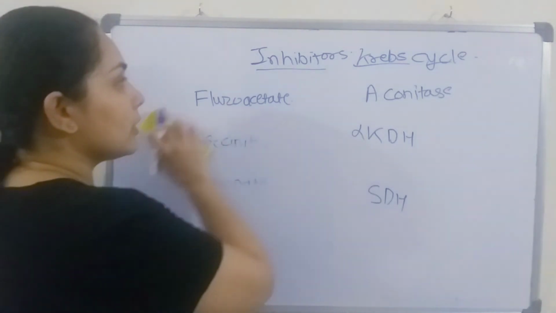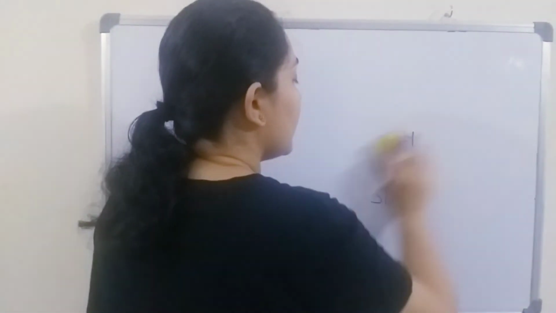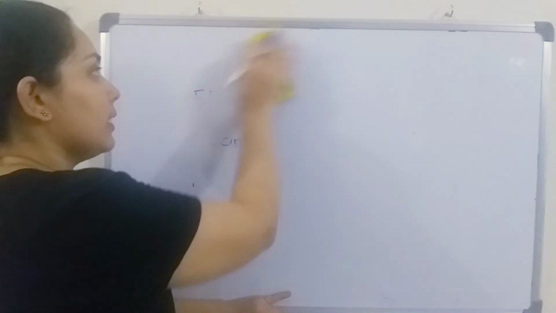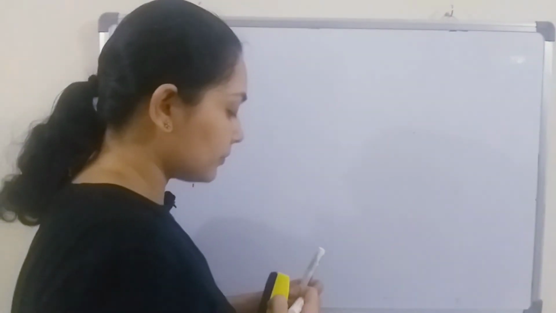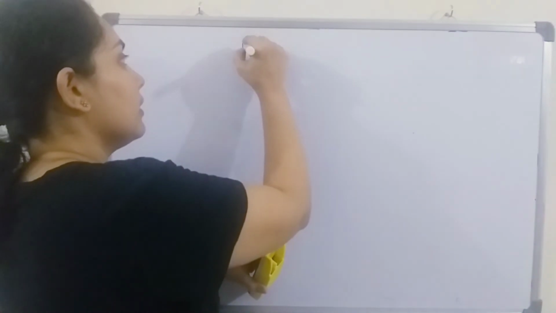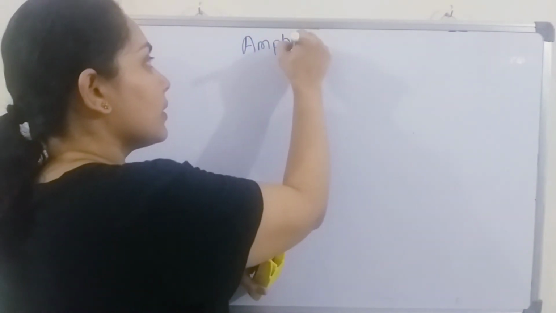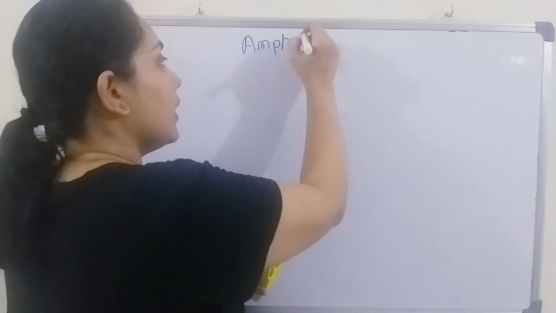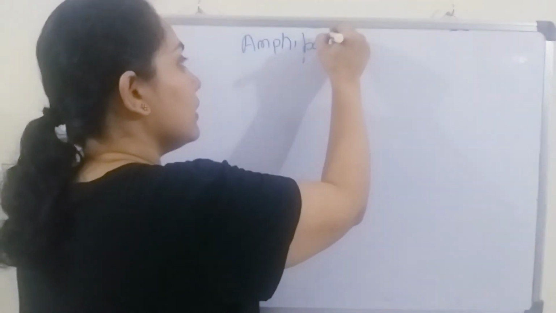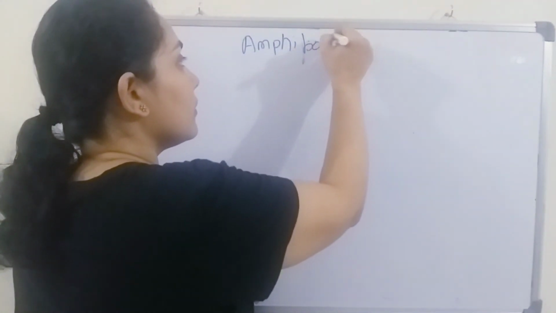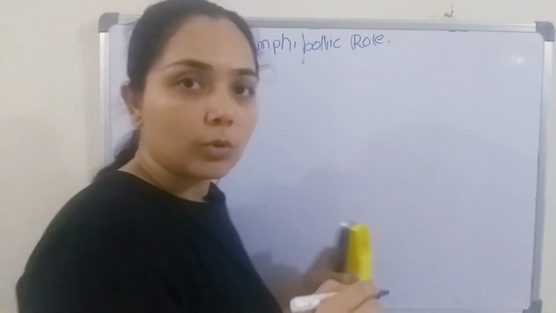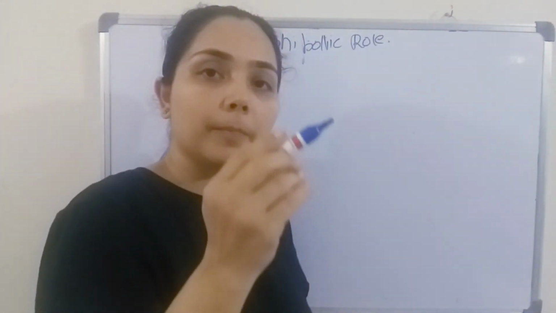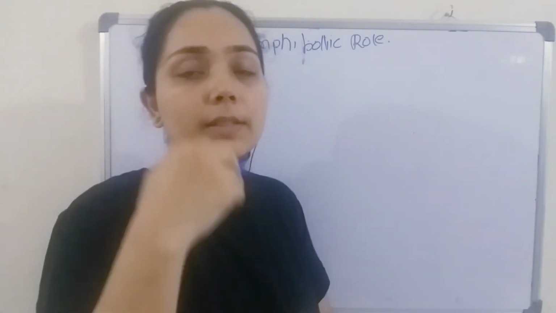And now the third point we will see is the amphibolic role of the Krebs cycle. Amphibolic role means both catabolic as well as anabolic.